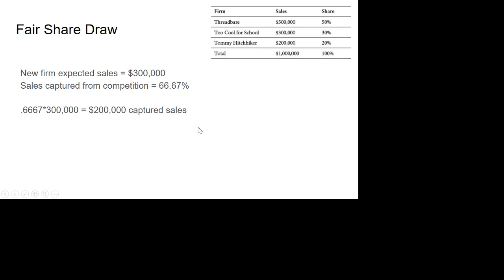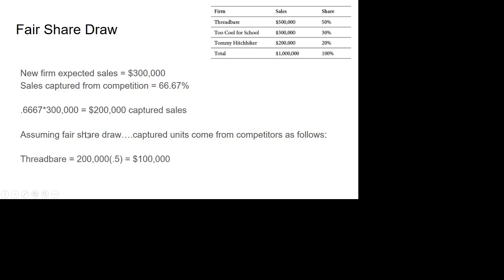Okay, so you take your expected sales, multiply it by your expected market share stolen from the competitor, so to speak, and you multiply those together, and you basically get $200,000 of your sales will be captured from the competitors. Okay, assuming fair share draw.